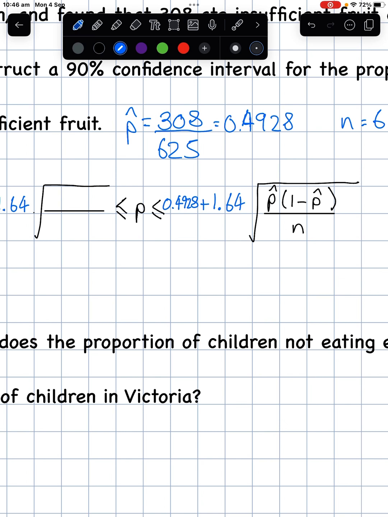Now I'm going to have to erase these numbers. So n was 625, that's how many trials we had. And then we've got 0.4928, which is going to be times by 1 minus 0.4928, which gives me 0.5072.